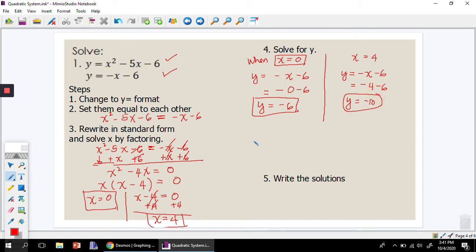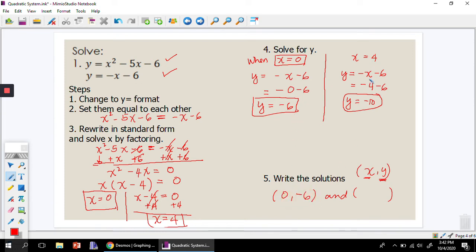Alright, so what are the solutions? When you are writing the solutions, you will just give the ordered pair x, y, the value for x and your y. If your x is 0, your y is negative 6.